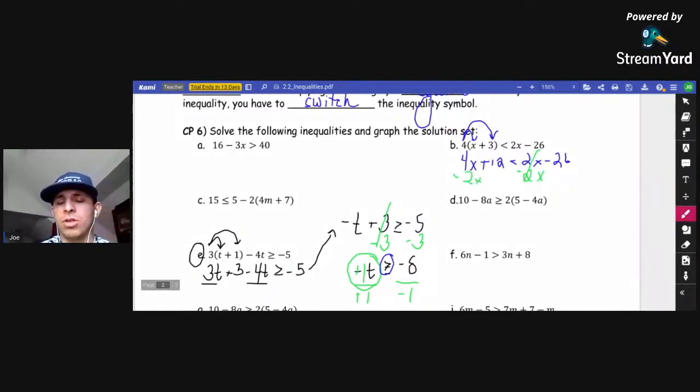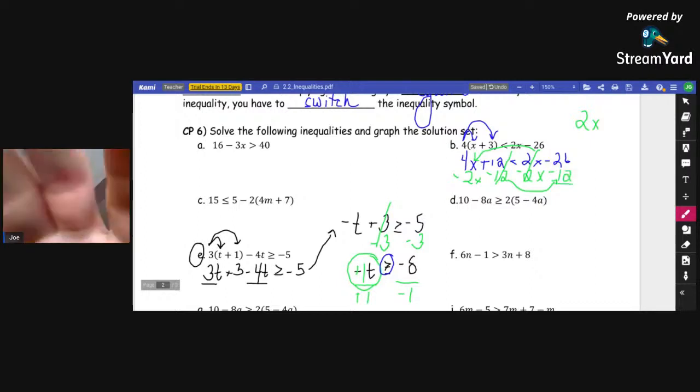I'm making sure I do things on both sides of the inequality. 4x minus 2x will yield a 2x. Okay. And to save space, I've gone in this direction with the variable, so I'm going to return just like your windshield wiper. So if the 12 is positive, I'm going to subtract it.